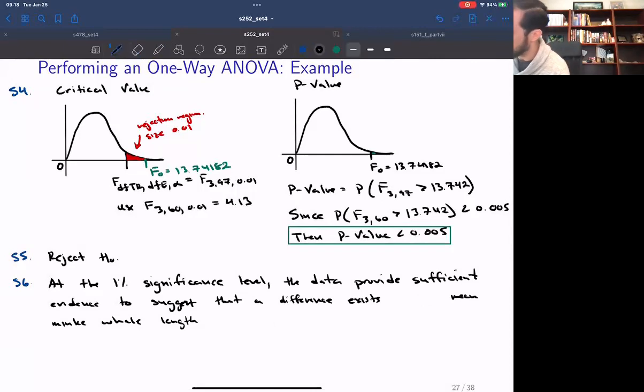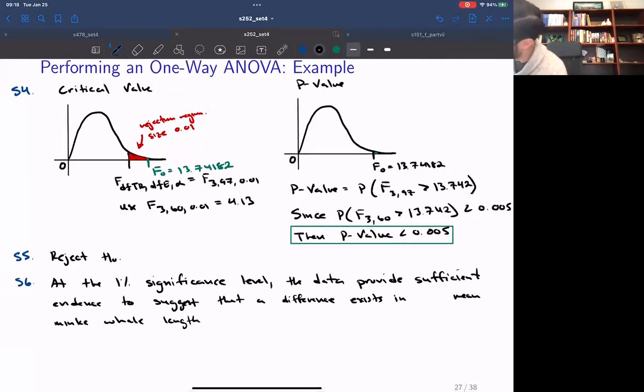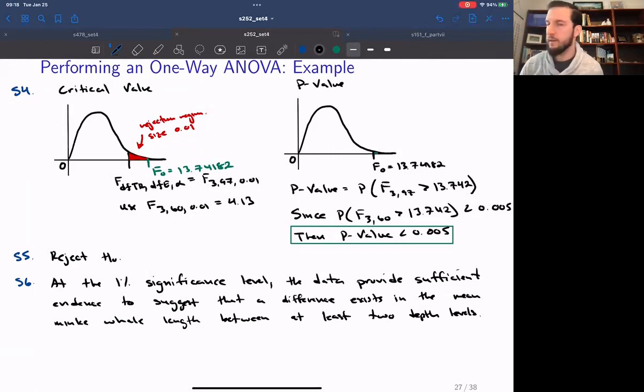Okay, so a difference exists in the mean minke whale length between at least 2 depth levels. So I have at the 1% significance level, the data provides sufficient evidence to suggest that a difference exists in the mean minke whale length between at least 2 depth levels.